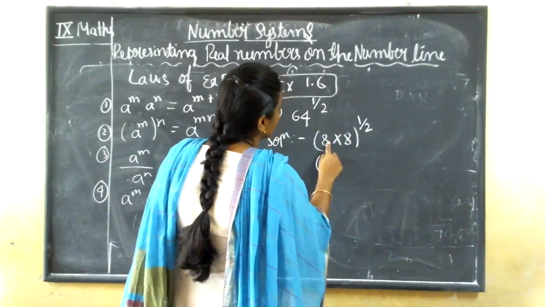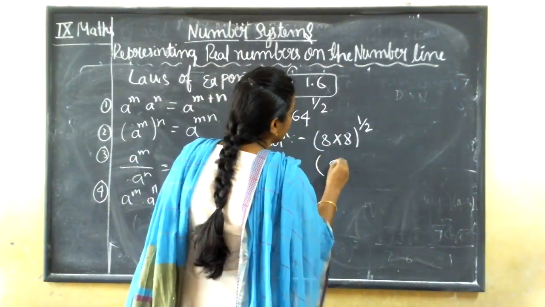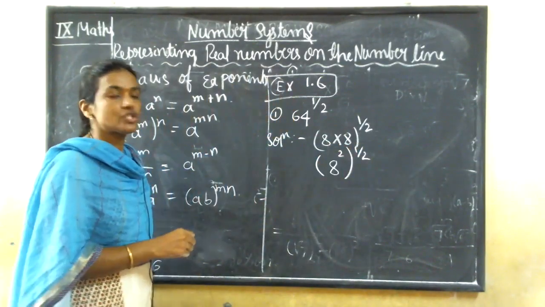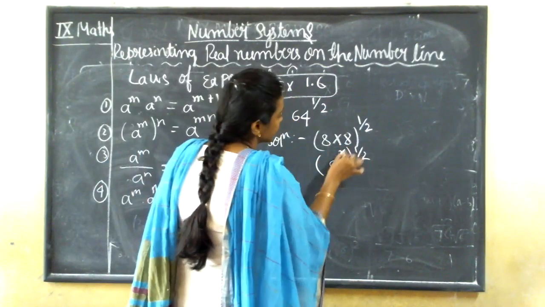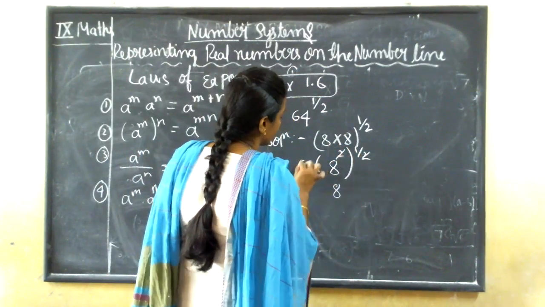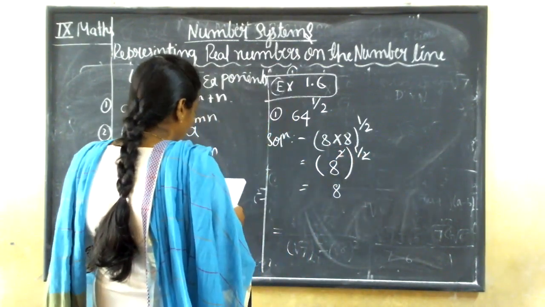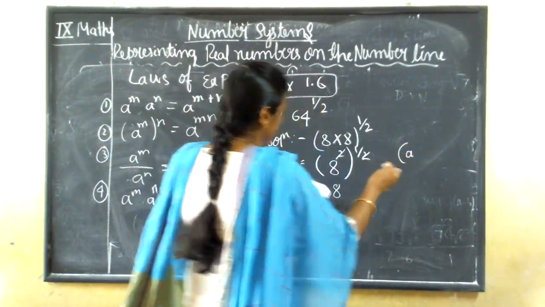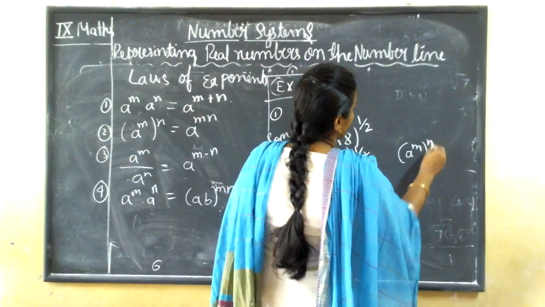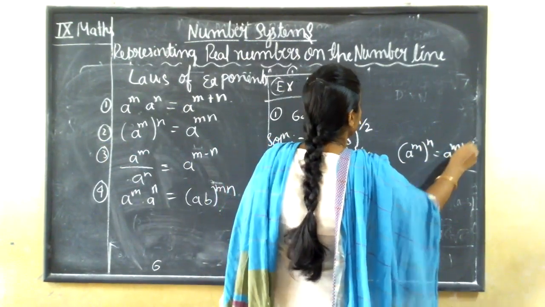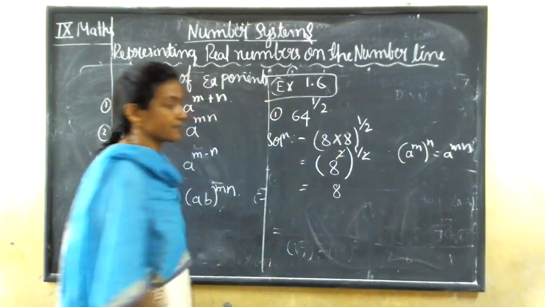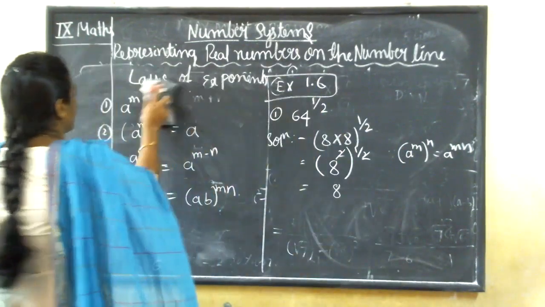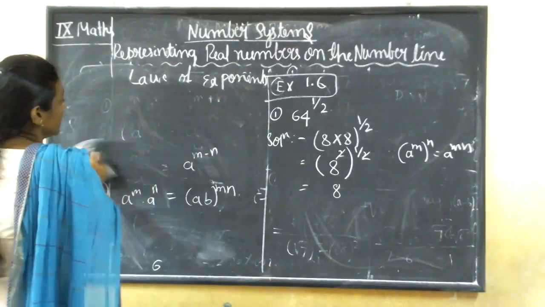So 8 into 8, you can write as 8 raised to 2, raised to 1 by 2. So now we are going to cancel this 2 and this 2. So the answer will be 8. What is the answer here? 8. So what formula did you use here? A raised to m raised to n is equal to a raised to m n. Understood? Simple, no? We learned all this in your previous class.